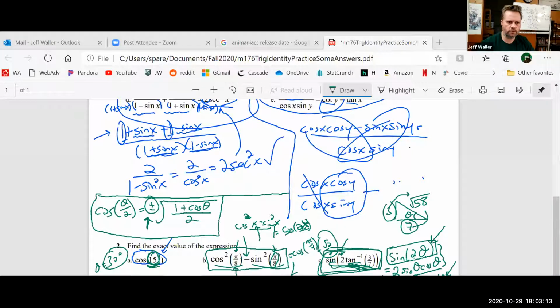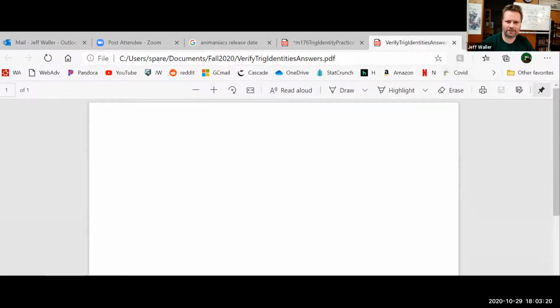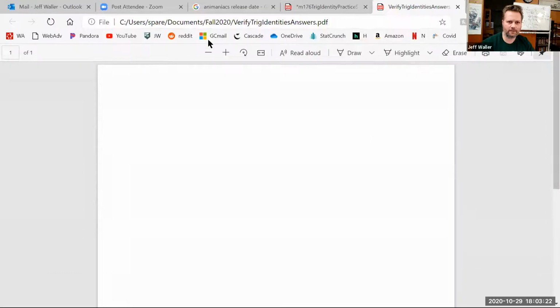Where is it? Okay, this was, I think, my blank sheet. Yeah, I just have a generic blank sheet. By the way, what can you guys see right now? Probably still Canvas, right? It's a blank sheet. Oh, you see a blank sheet, sure. And do you see up here, Animaniacs is coming back out? All right.